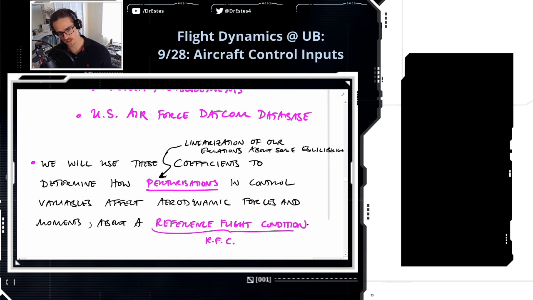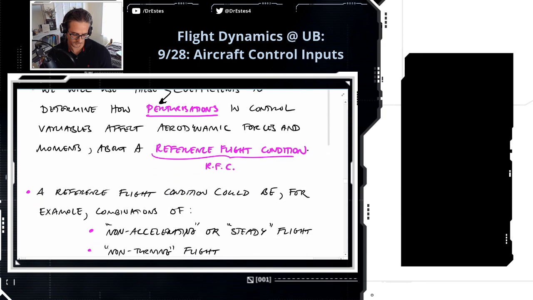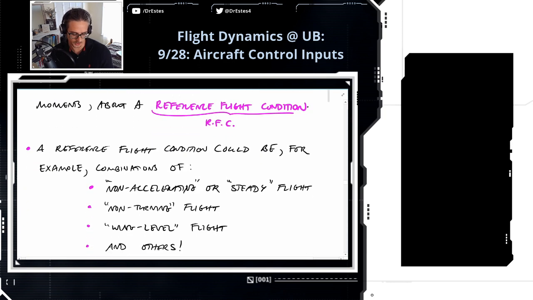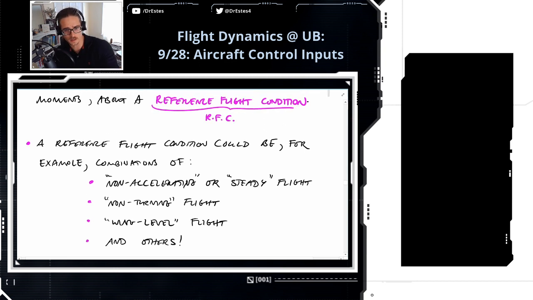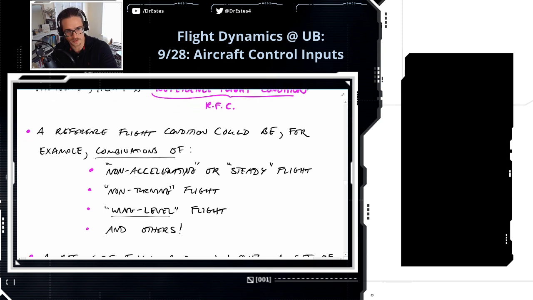All right, let's flesh this out a little bit. Okay, first, a reference flight condition. We're going to be working on these over the next couple of classes, but these could be combinations of non-accelerating, which is also known as steady flight, non-turning flight, wing level flight, and there's others, right?